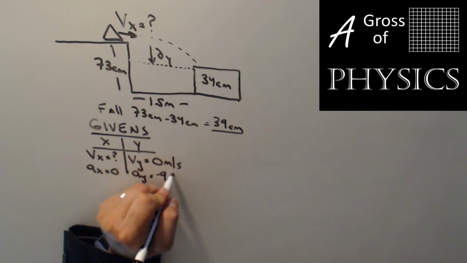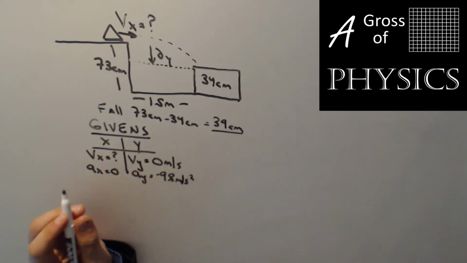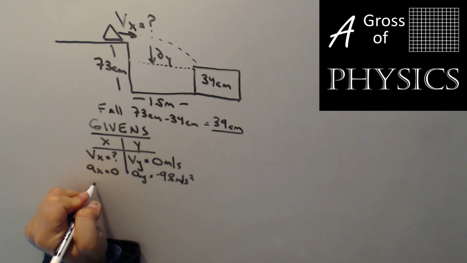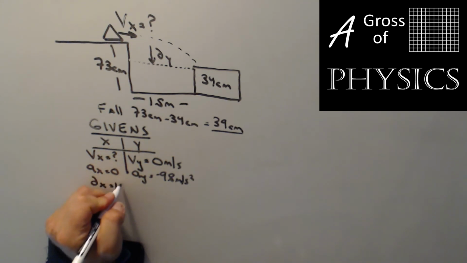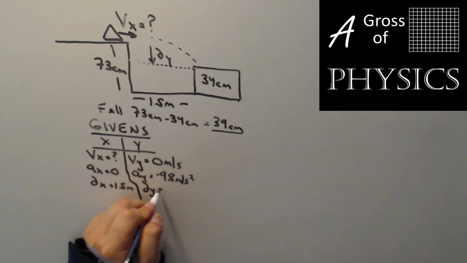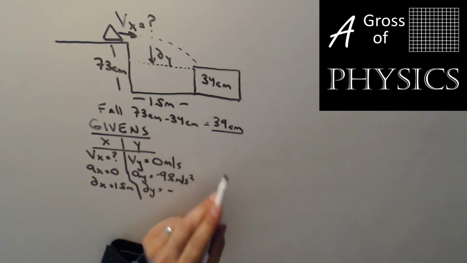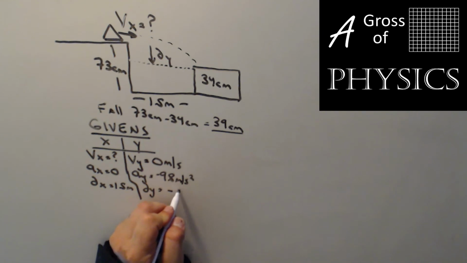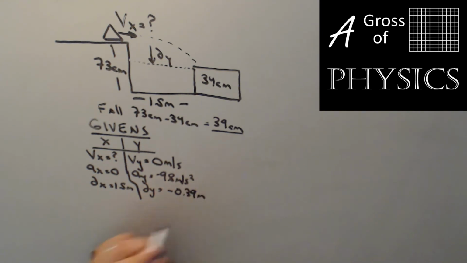Ay is negative 9.8 meters per second squared. Then we have dx was 1.5 meters. dy is negative 39 centimeters, so that's 0.39 meters. And what we're going to look for is t and figure out what v happens to be.